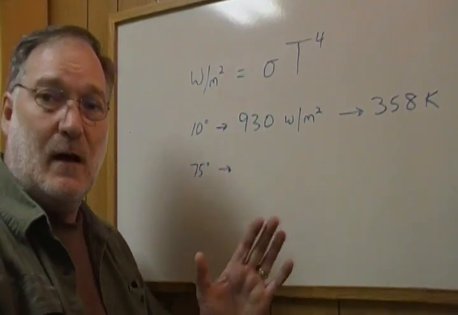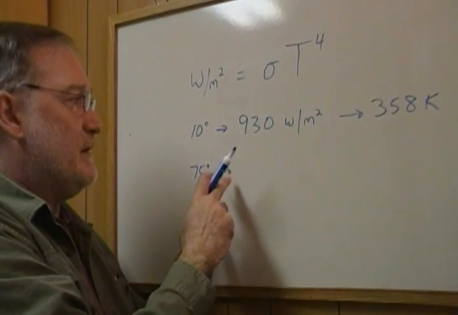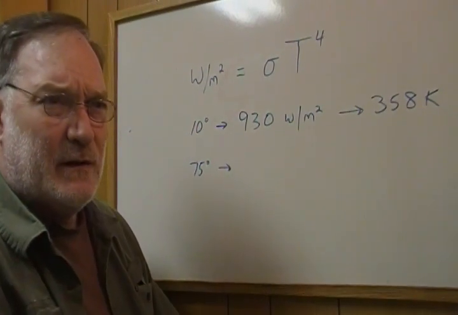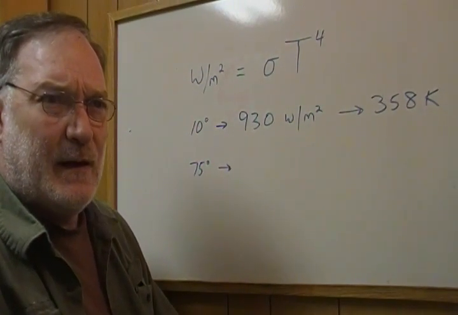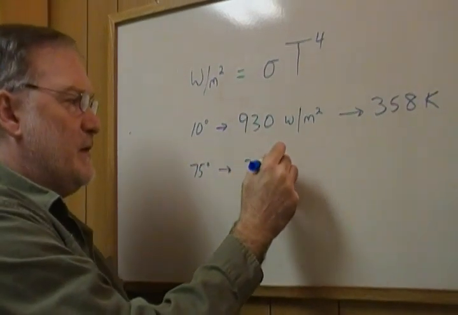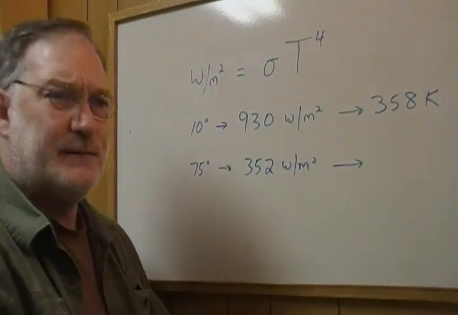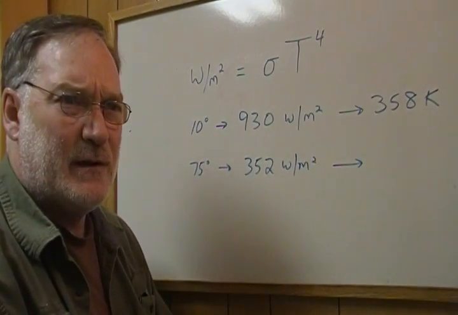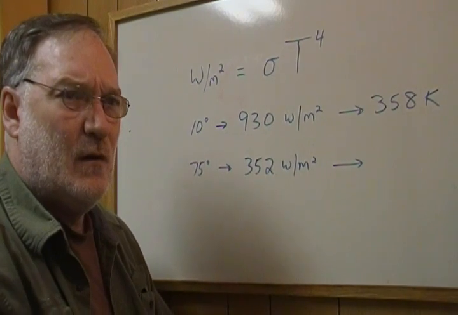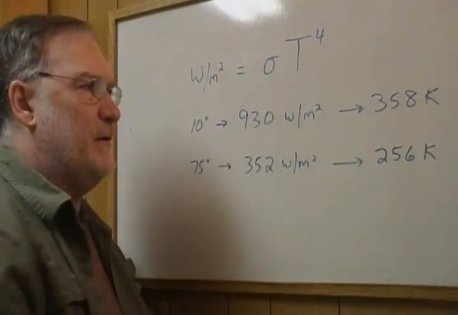But for now, 75 degrees latitude would produce 352 watts per square meter of radiation coming from the sun, and that would result in a temperature of 256 Kelvin when put through the formula.